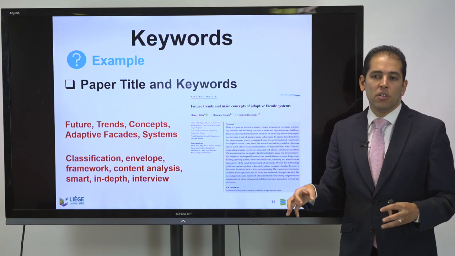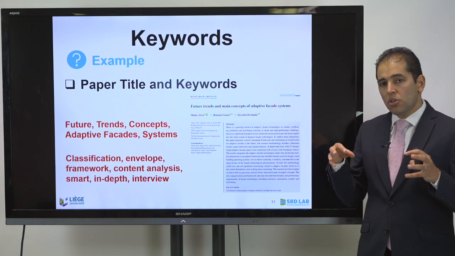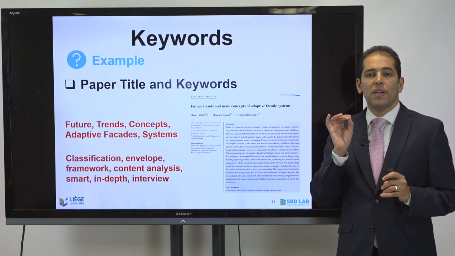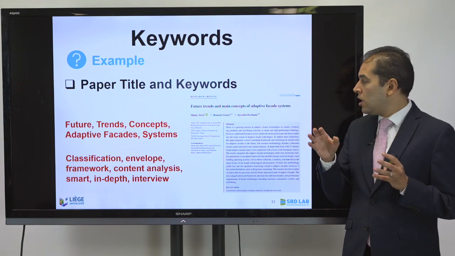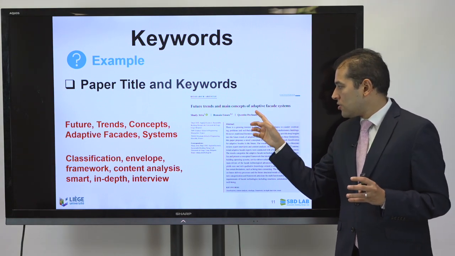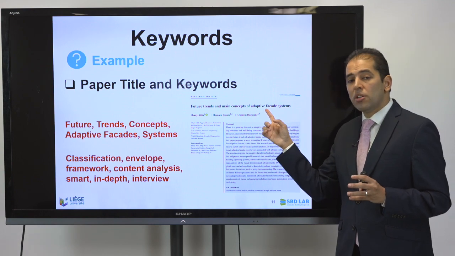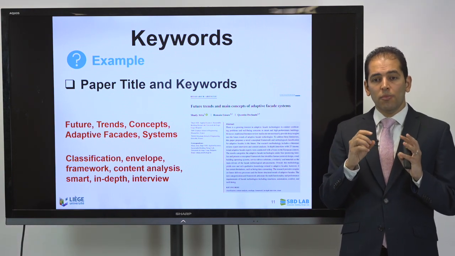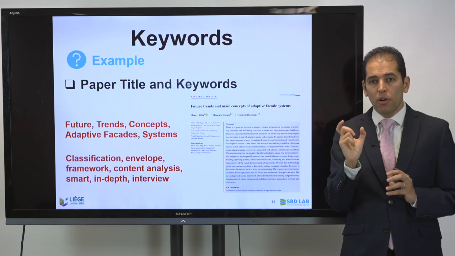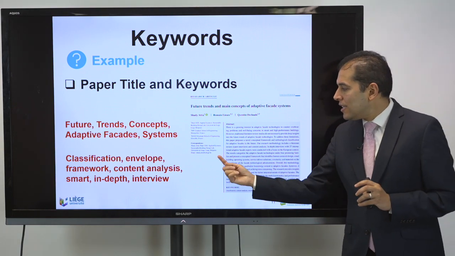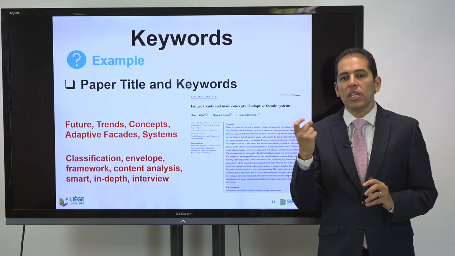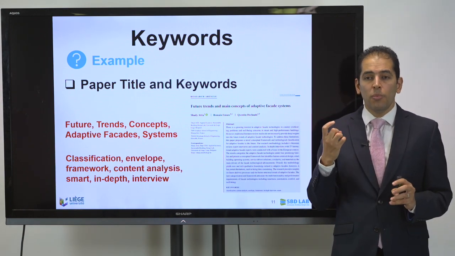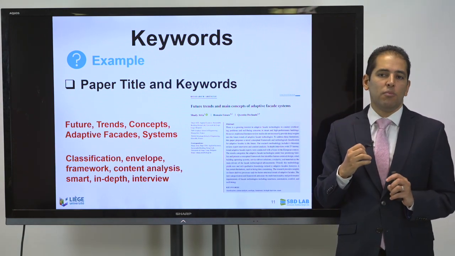And let's be very concrete. If somebody is conducting a search with the term facade, he or she highly probably will find my research, because in the title is the word facade. But if this person, instead of using the term facade, is using envelope, and I did not include envelope in the keywords, they will highly probably not find my study.